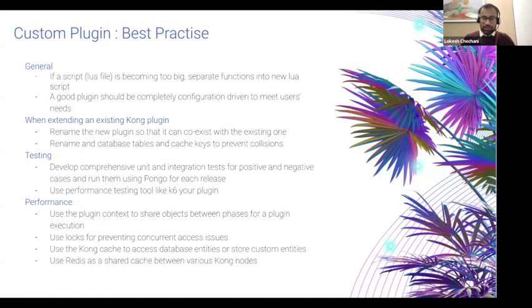When you build a custom plugin, you would know which objects are available. Always use caching when you deal with database entities, because there is something called the Kong.cache object. That gives you a very nice way of integrating and handling the cache, so you don't need to manage the cache by yourself.